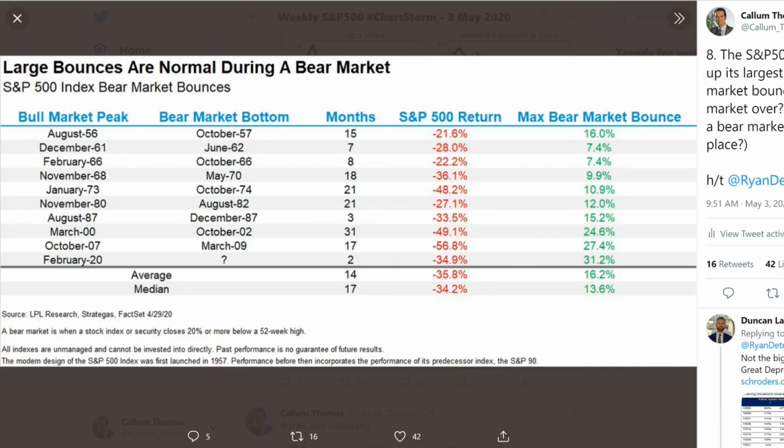And so I think to get excited about the idea of a bear market, you have to really believe that things don't bounce back, as I think a lot of people, myself included, are kind of holding as the base case.